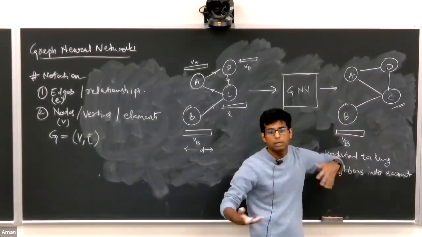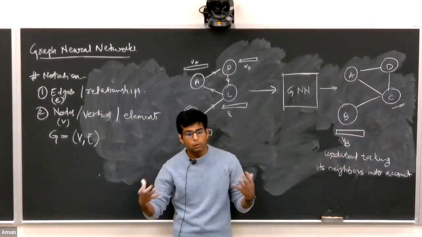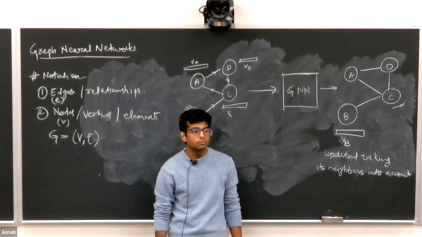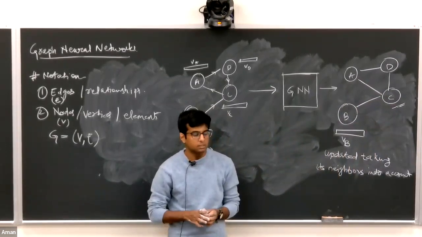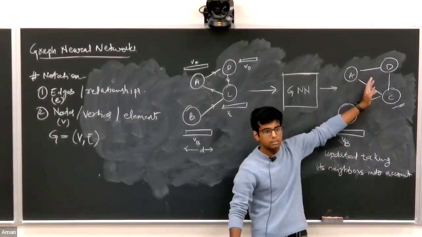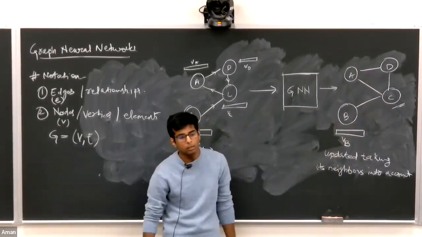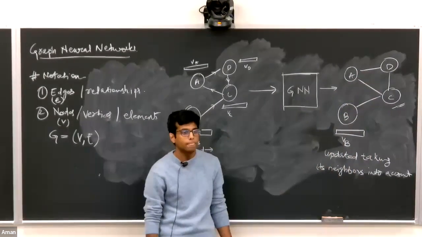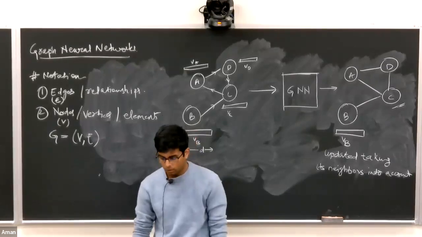Eventually you'll get a graph which encodes that structure into the vector representations themselves. But we are assuming we know the graph structure. Yes, you're assuming the node connections or edges are already known, and this is defined by the problem and how you're interpreting what these nodes mean. Right? Okay.